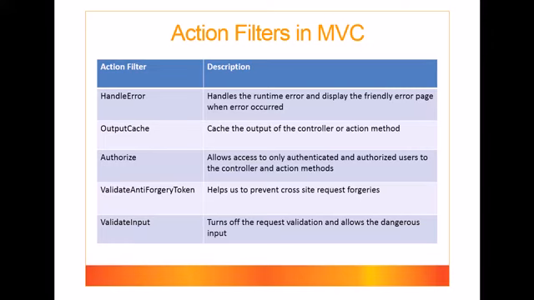This handle error is an example of a post processing action filter, we can say. Whenever there is an error, we can display a friendly error page to the user, because it doesn't make much sense to the user if we show the actual error or the yellow screen of death.